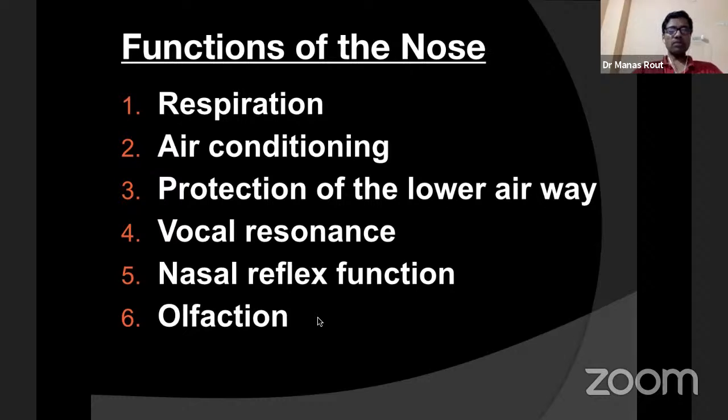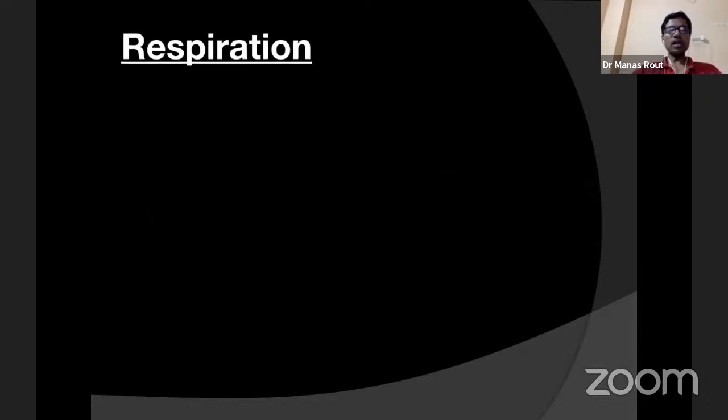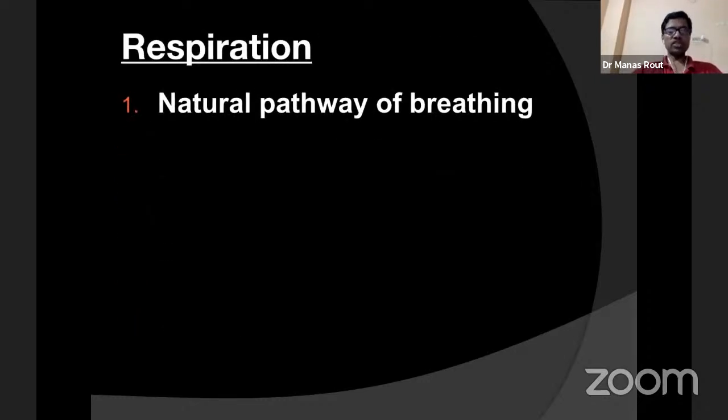Apart from that, all other functions like help in respiration, air conditioning, protection of lower airways, are very important. So let us go one by one and discuss what those are. So how does it help in respiration? It is a natural path of breathing.